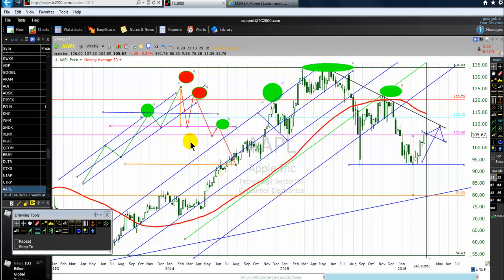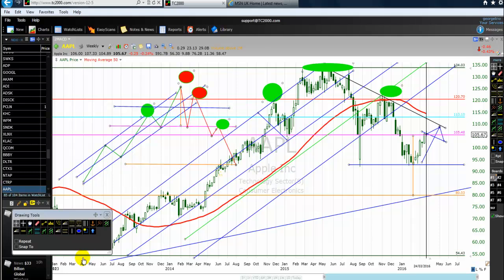Okay, all right. But as we measure the distance, professionals, so I told you they will divide the target into two. Here again, as the pattern is being formed, they will also divide this distance from the neckline to the head into two. It is also a very important key level.